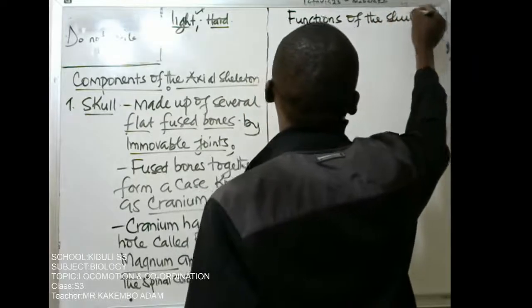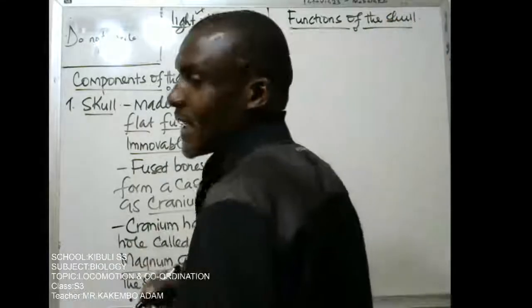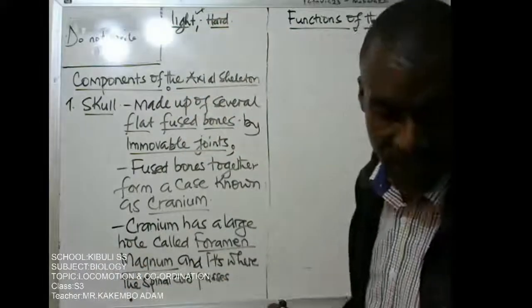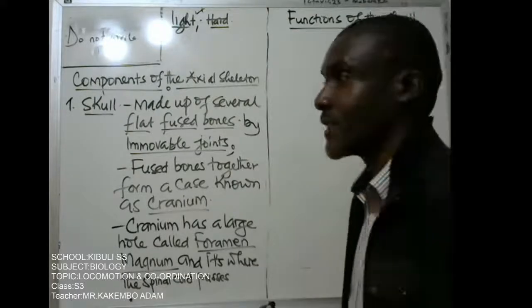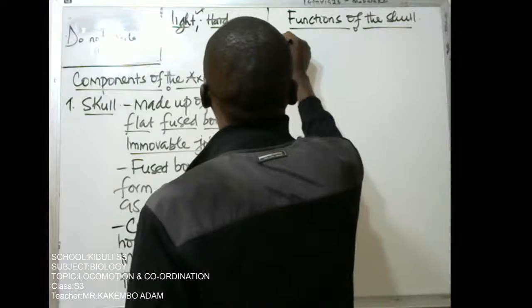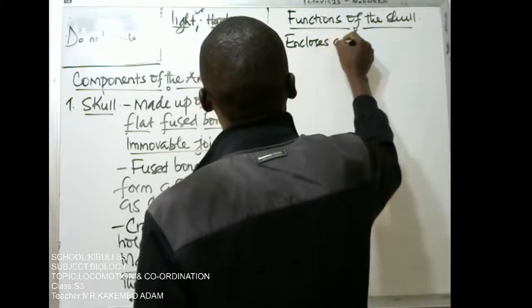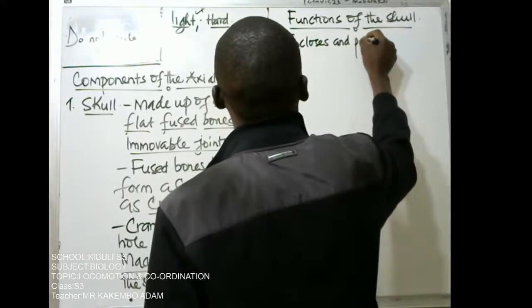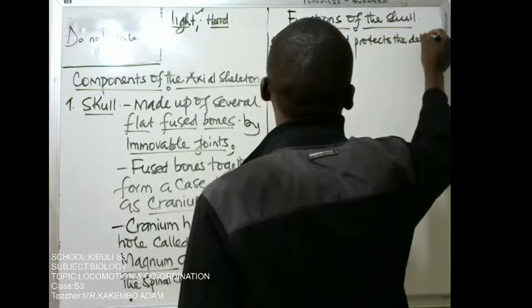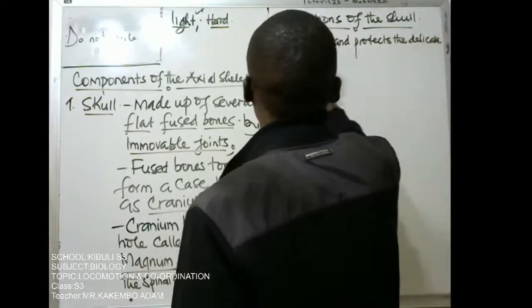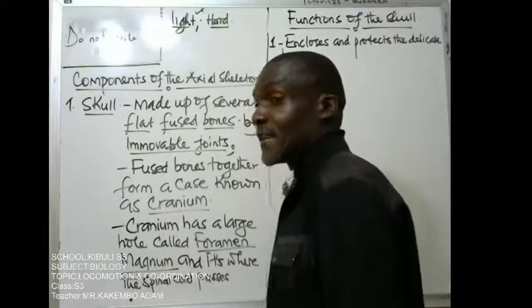So having known what the skull houses or supports, you can say, one, the skull encloses and protects the delicate brain.